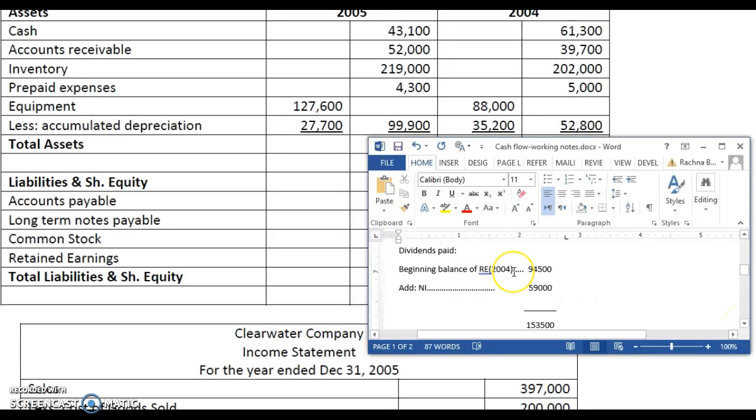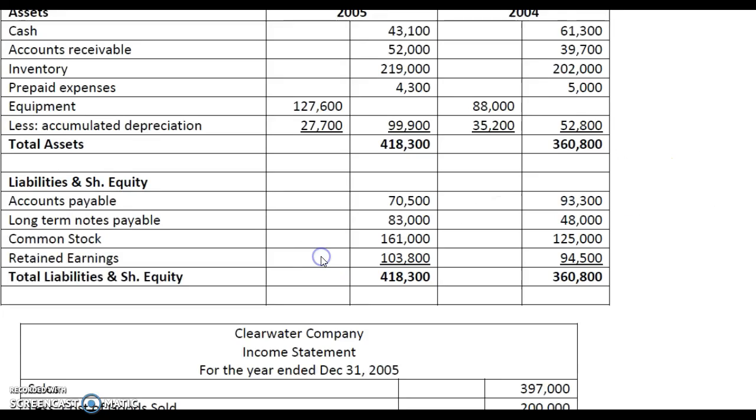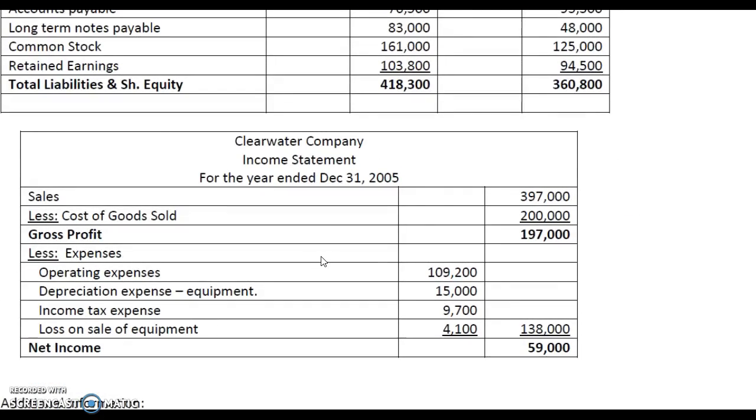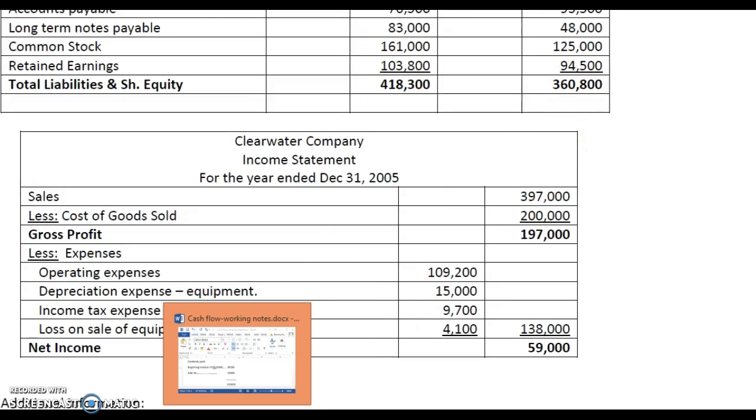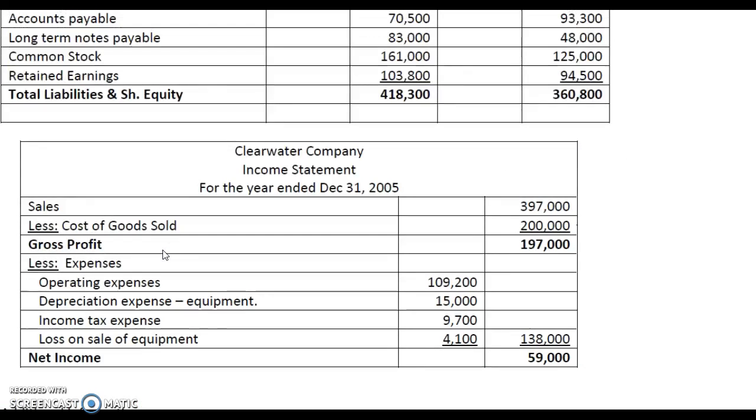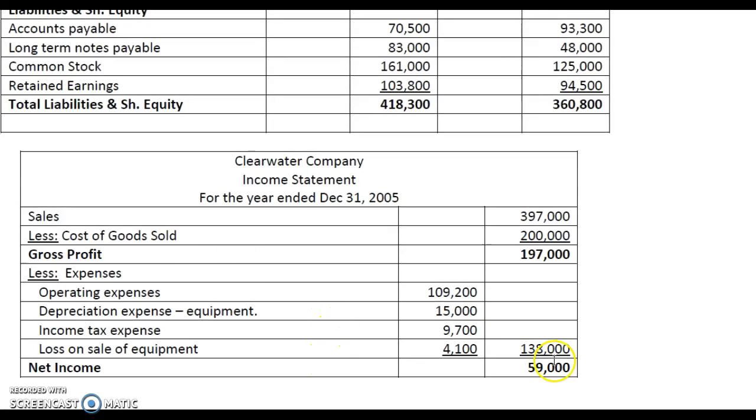So the beginning balance of retained earnings in 2004 is 94,500, as you can see here in the retained earnings in the balance sheet. To this you will add the net income, which is given in the income statement. That is 59,000. You can see here.